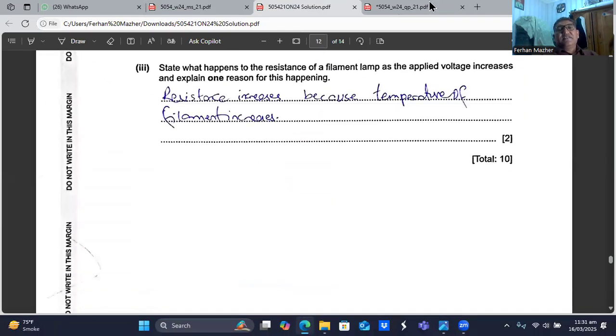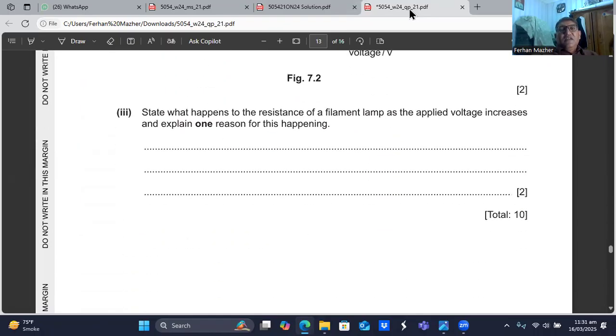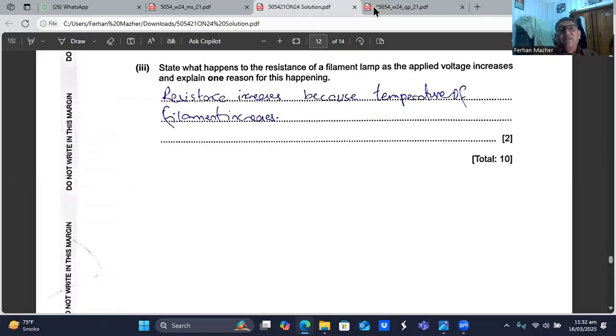The next question is to state what happens to the resistance of a filament lamp as the applied voltage increases, and explain one reason for this happening. As you increase the voltage across a filament lamp, its resistance increases. That's why the shape.